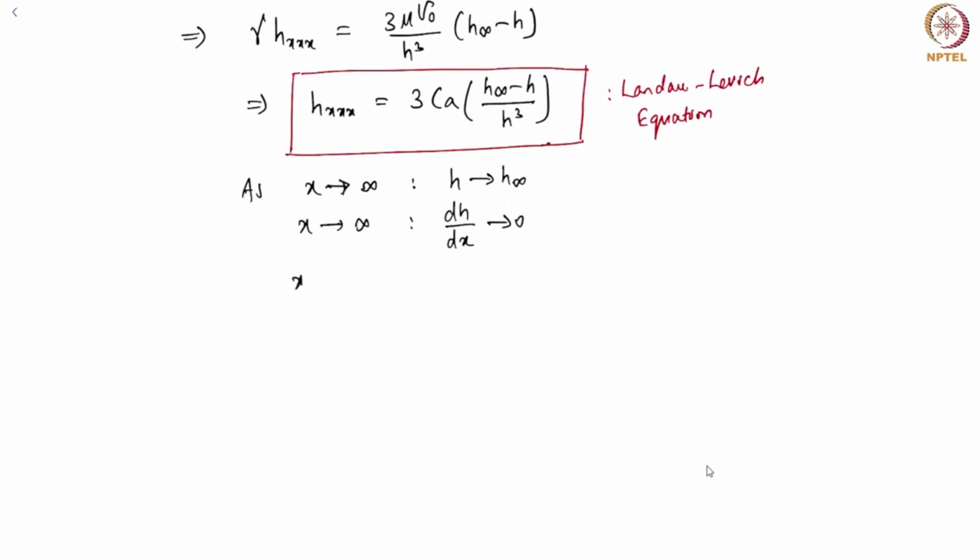And another condition would be as x goes to minus infinity. Now this minus infinity has to be defined more carefully, but because of lack of time, I'm unable to go into details.